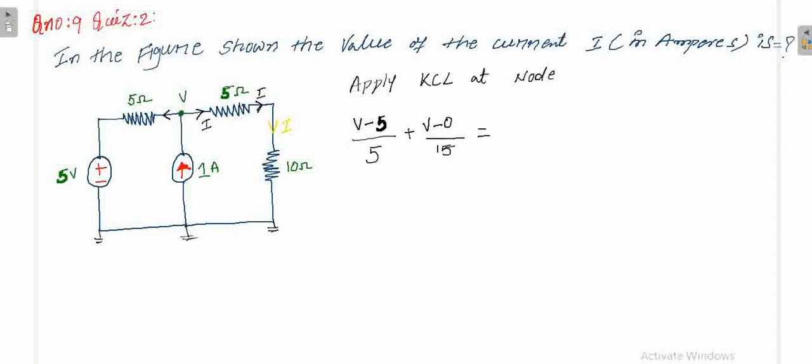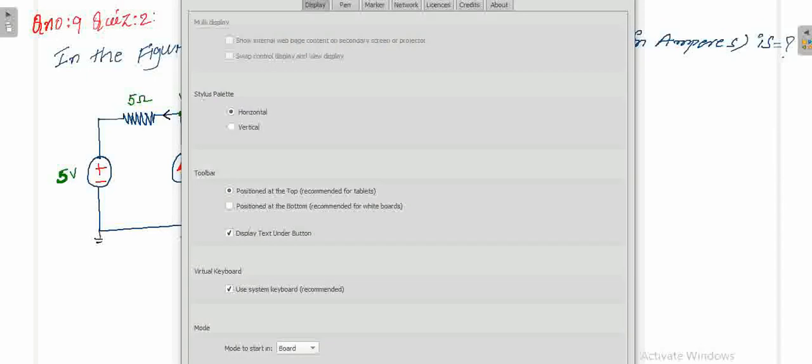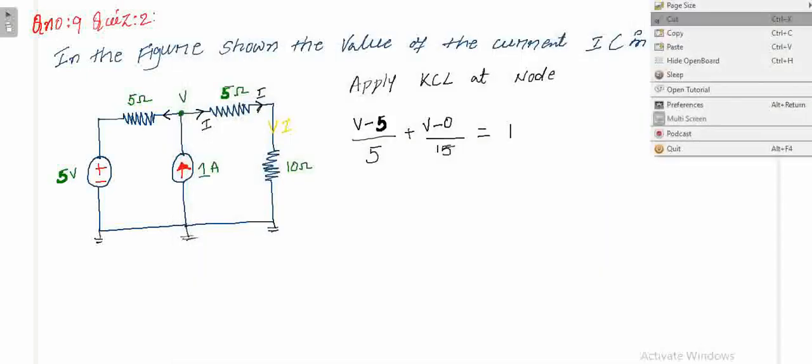According to KCL, the algebraic sum of outgoing currents equals the algebraic sum of incoming currents. These two are the outgoing currents, and this is your incoming current, which is equal to 1. Just wait a while.